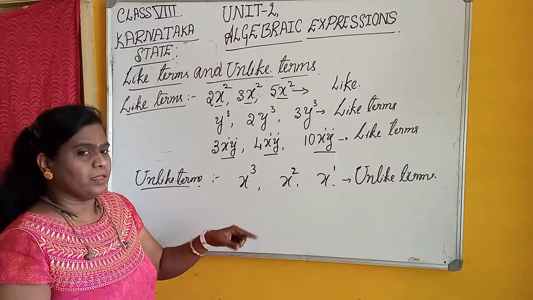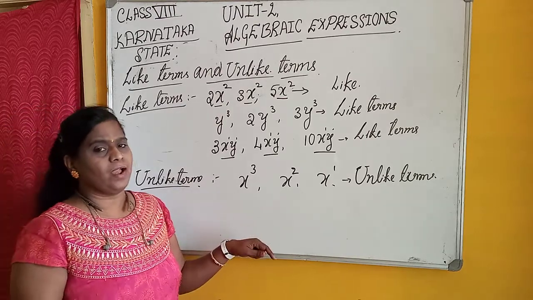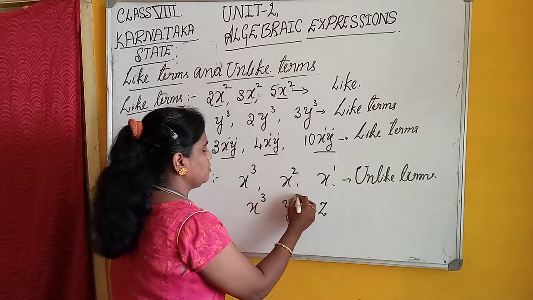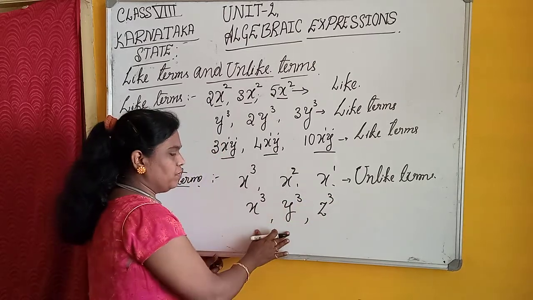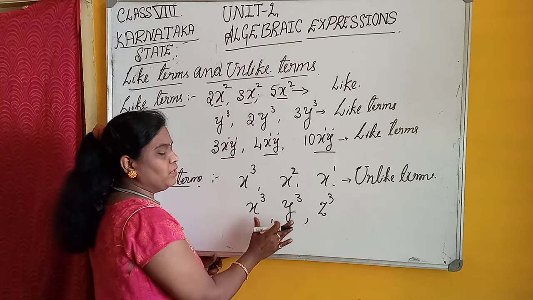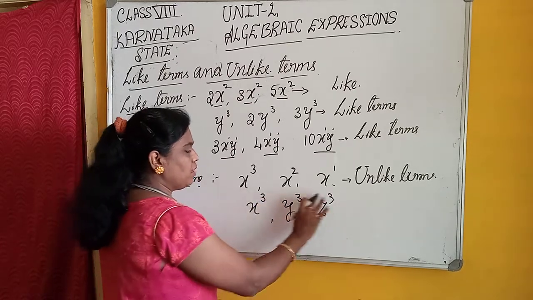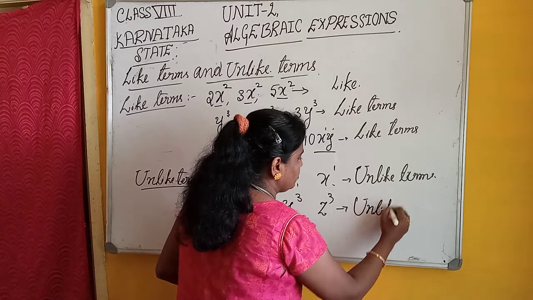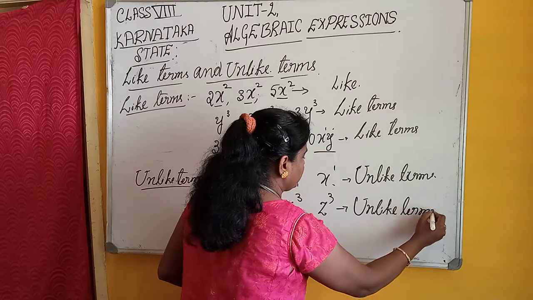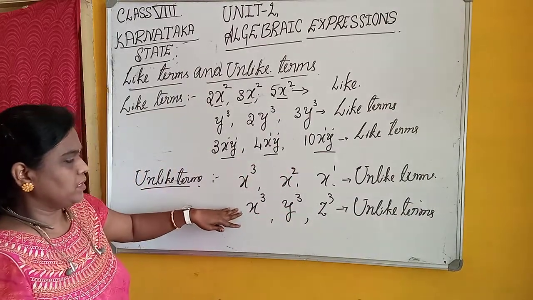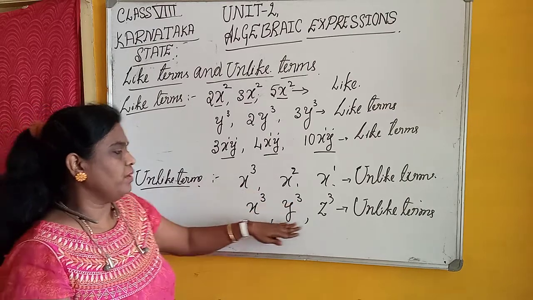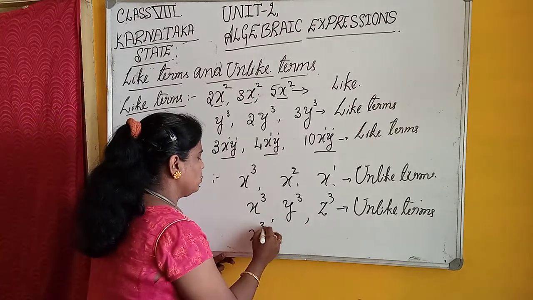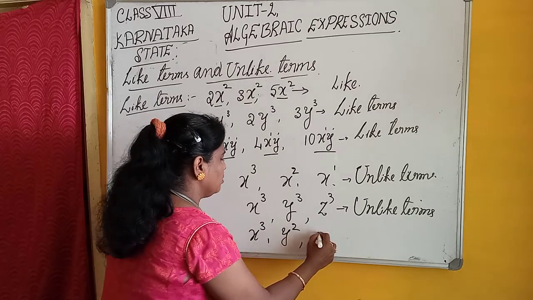Next, the terms which have different variables with the same exponents, even though they have the same exponents, are unlike terms. And different variables with different exponents, we can say x cube, y square and z to the power of 1.